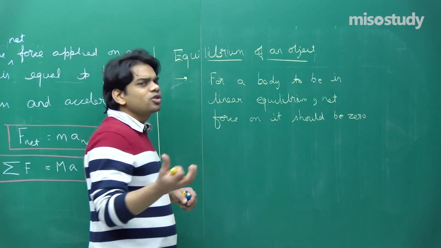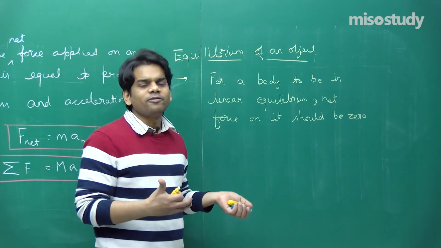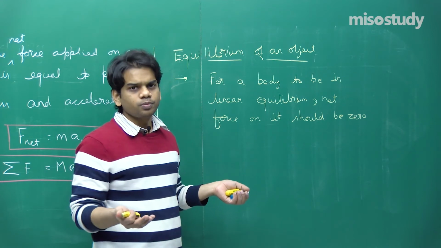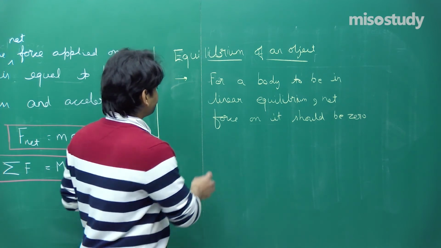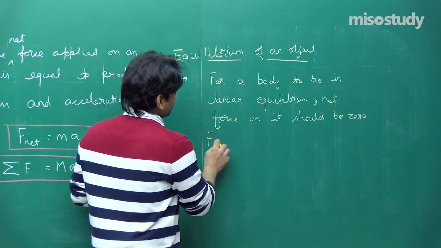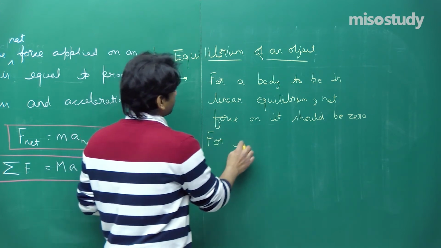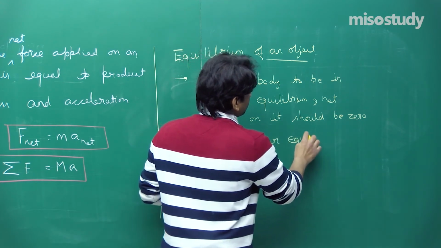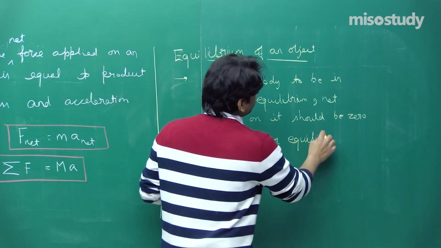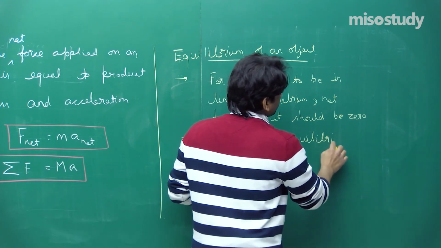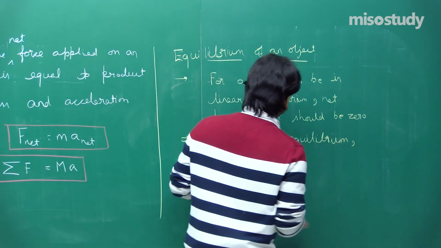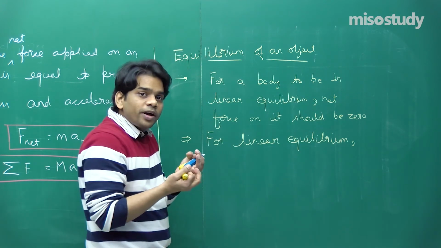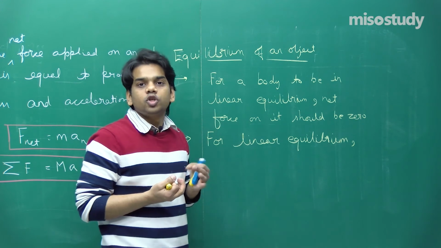Now the force can be resolved along two axes, x axis, y axis, and if all the forces are acting in space, we can further resolve along the z direction also. So for linear equilibrium, the forces can act in all three directions, so the net force along any of the three axes should be equal to 0.